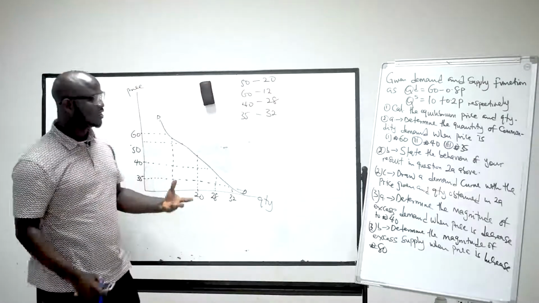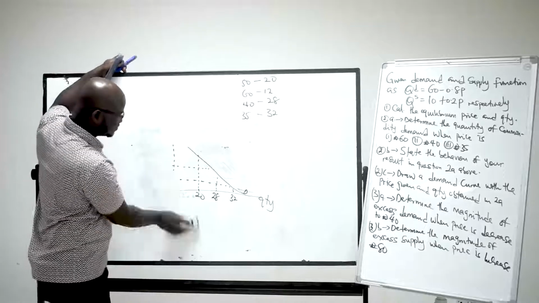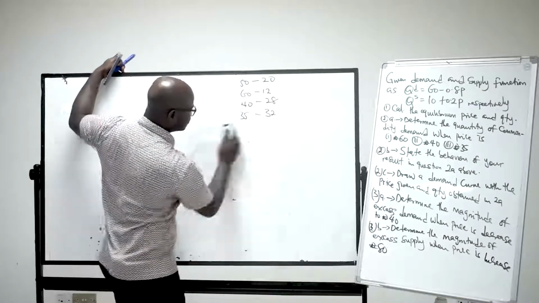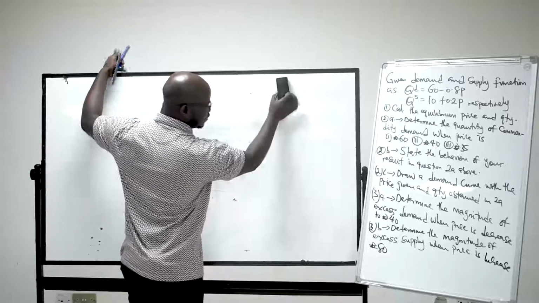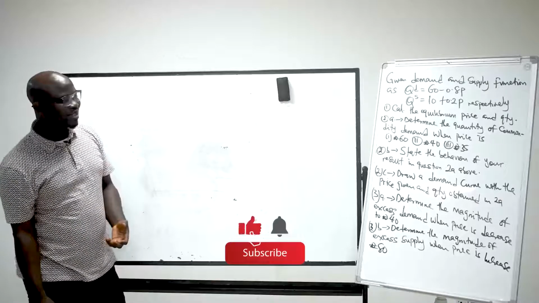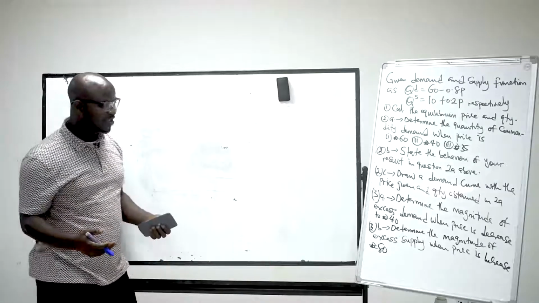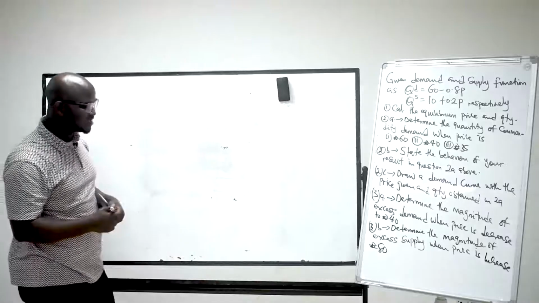We can also use the graph to analyze our result. And 3A now. So for 3A, determine the magnitude of excess demand when the price is decreasing to 40. Now let's assume the price is decreasing to 40, what will be the magnitude of excess demand?